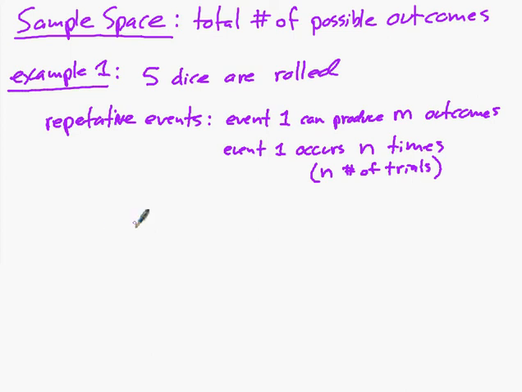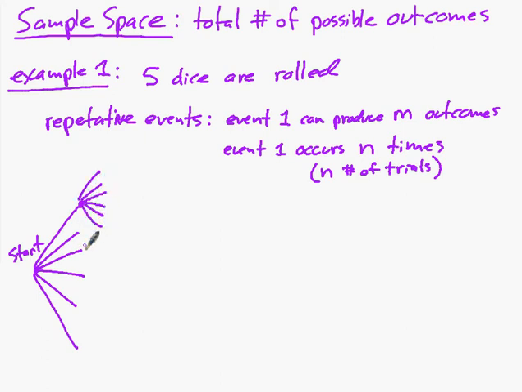Let's look at a tree diagram, which can be helpful. We can have our starting point, and then in the first event, event number 1, it's 1 die roll. There are 6 possible outcomes. 1, 2, 3. And then each one of these will have 6 outcomes because this is the second die roll.